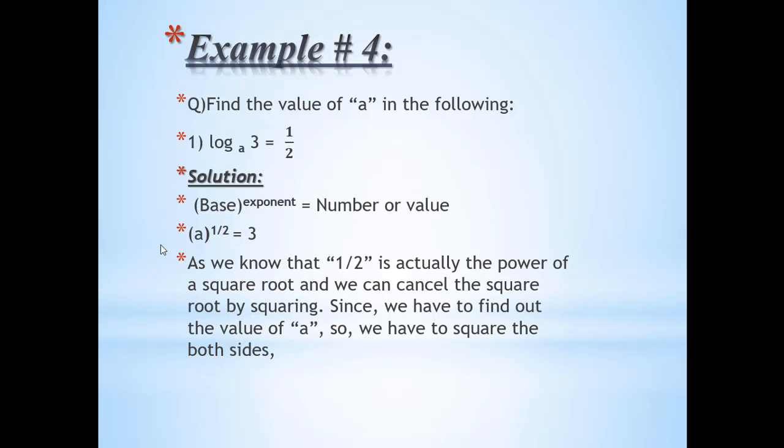Since we have to find out the value of a, we have to square both sides, and the equation will become somehow like this. Okay, then this 2 will cancel this 2, and we are only left with a on the left hand side, and on the right hand side there is a base and a power. So 3 square will be equal to 9, and that's our final answer for this question. Simple.